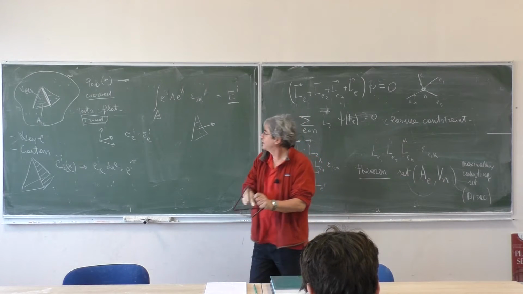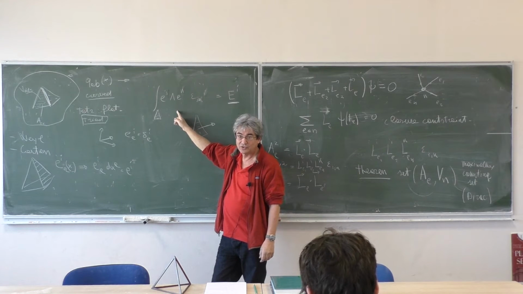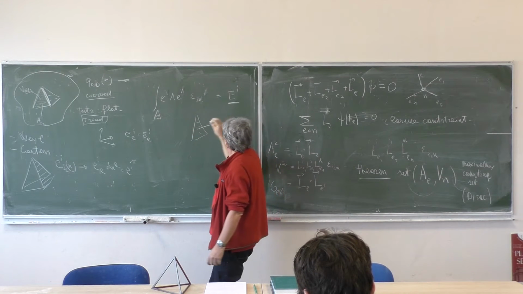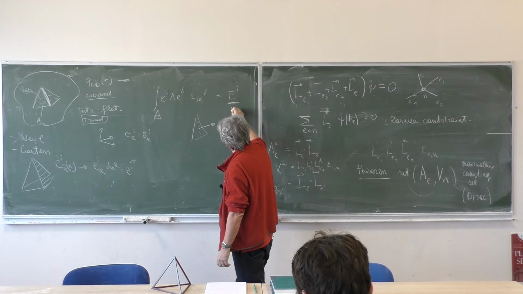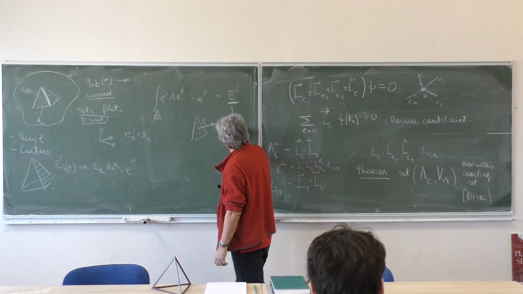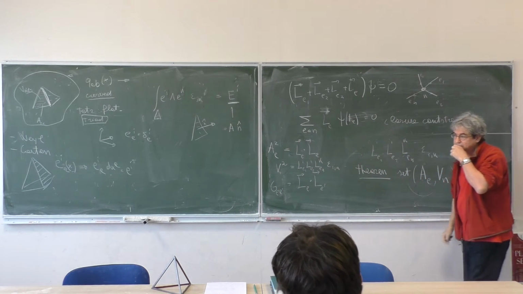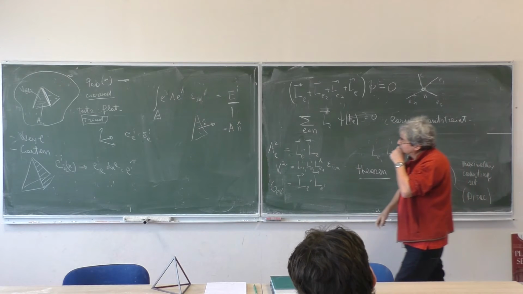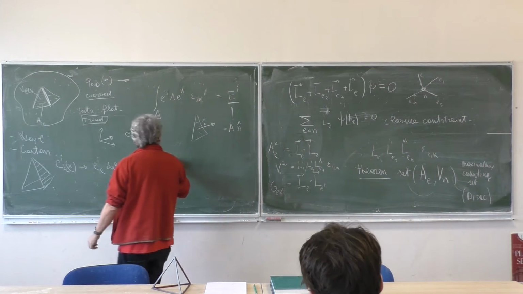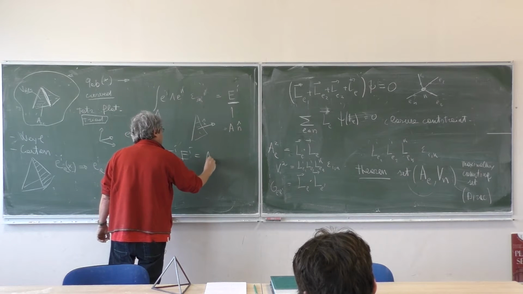And in the integration, I'm going to get the area of the face. So this vector here, if I call this the normal, is equal to the area of the face times the normal. Which means that E_i is the area squared.